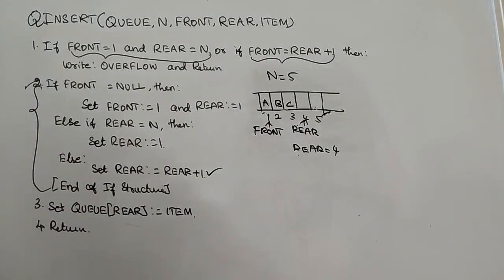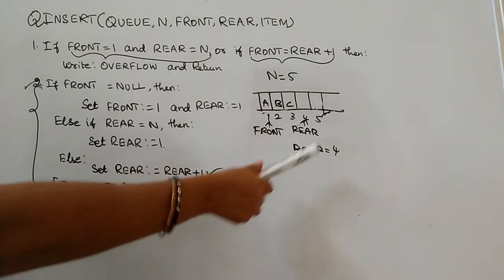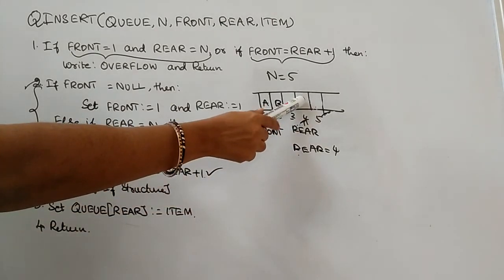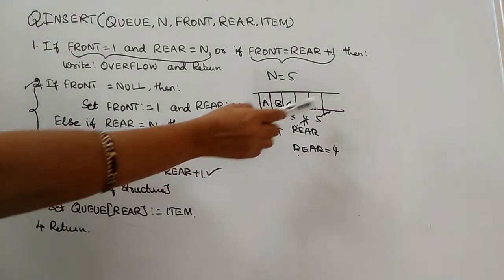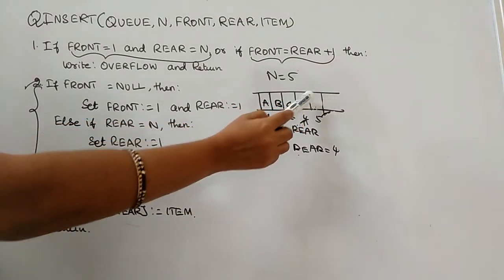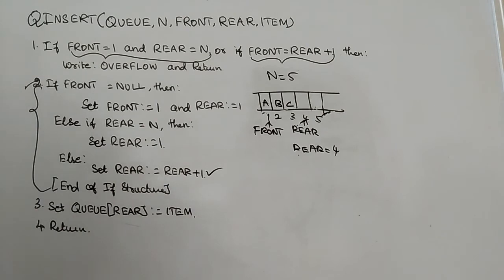So now the rear end is changed to 4, but we should push that item into that location. How can we insert a new element in this location? The direct assignment, right? That's why here I am setting Q[rear] := item.